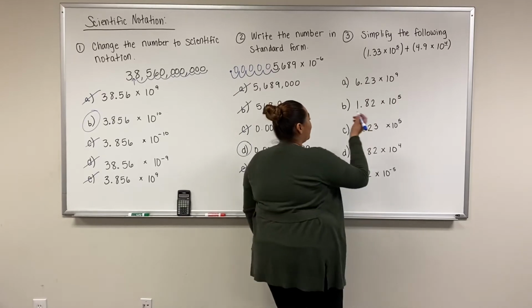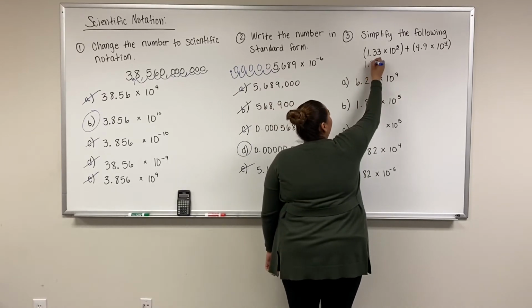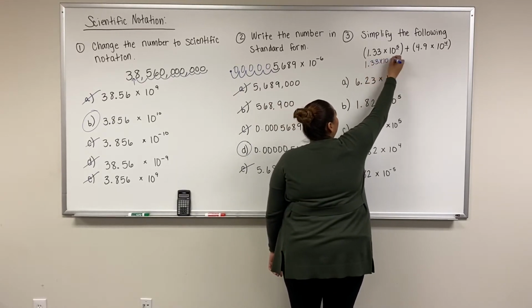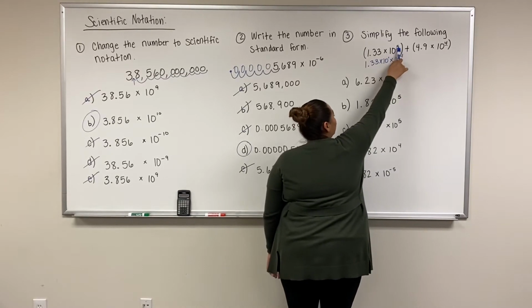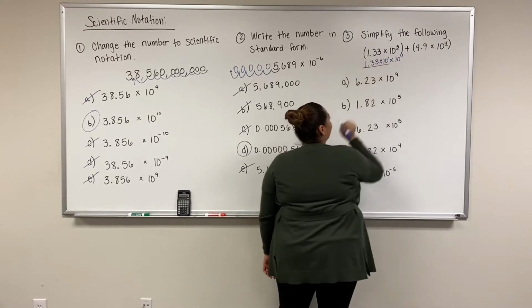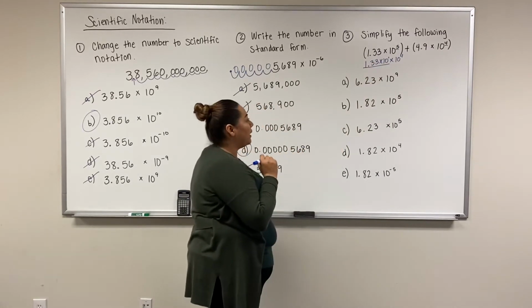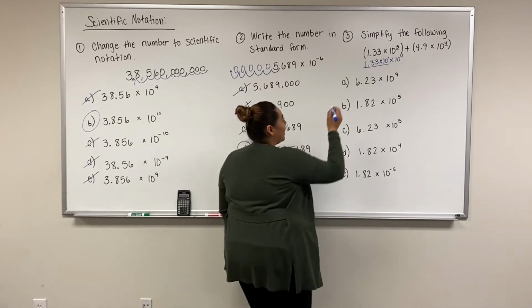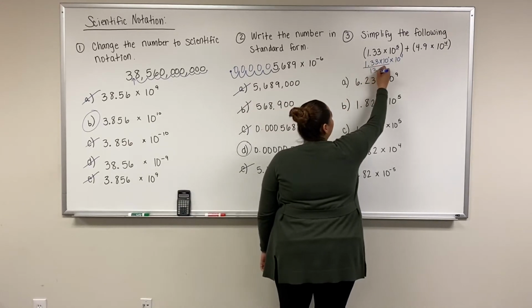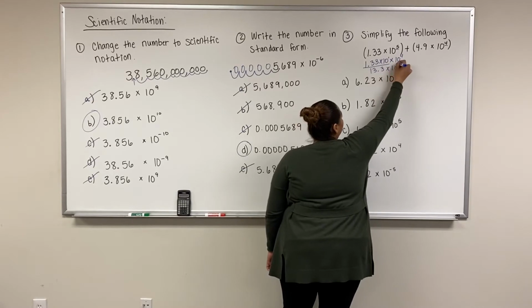The way you're going to do it is you're going to say 1.33 times 10 to the 4th, because 4 plus 1 gives us our 5. So we're going to multiply this out right here. Whenever you're multiplying anything by a 10, just move the decimal to the right one place. So this is going to be 13.3 times 10 to the 4.